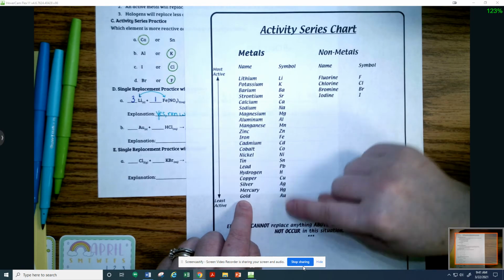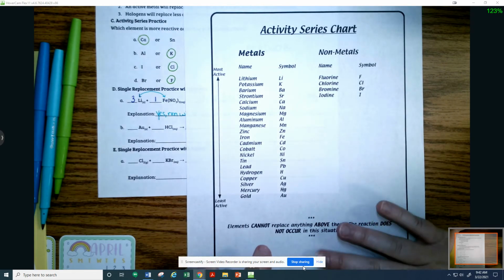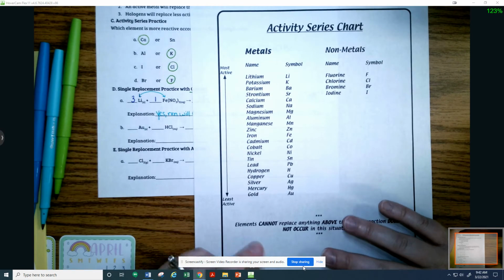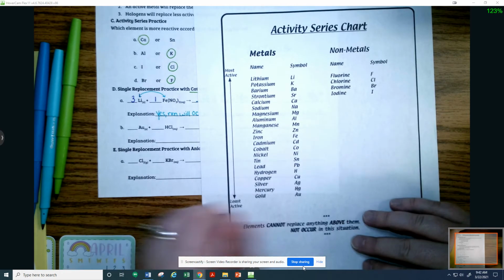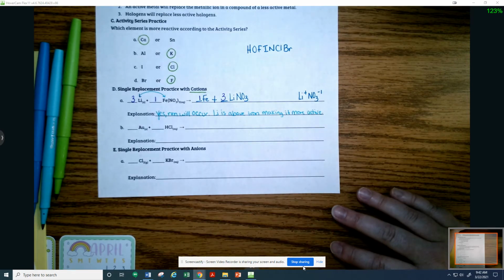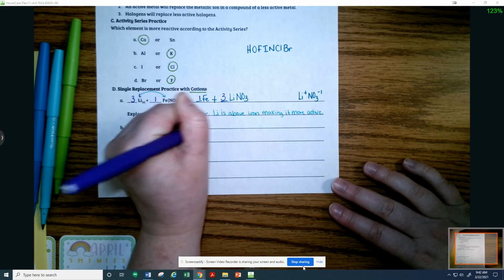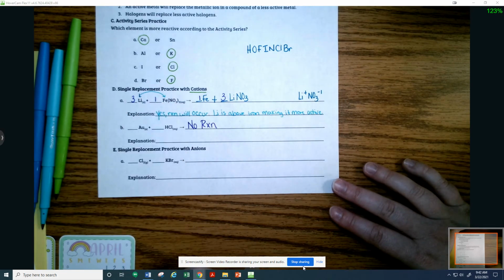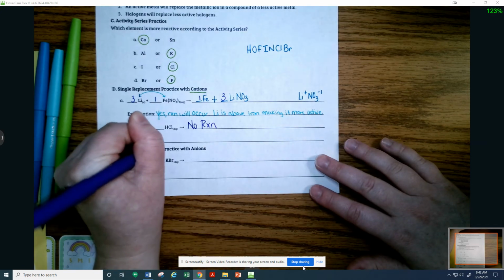That means gold is not able to replace any metal above it because its activity is so much lower than everything else. That's why it's really important that you look at this first, because you're going to love the answer we need to put. We put no reaction, and we're even so lazy that we abbreviate reaction as RXN, and we're done. Again, the reason why we're done is no reaction will occur.